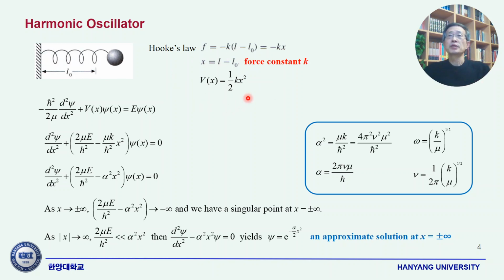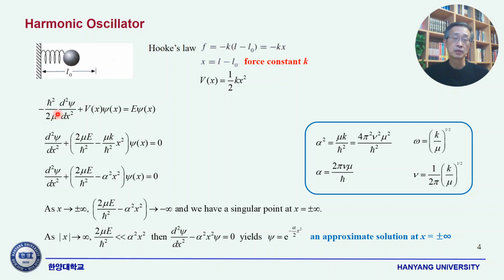Okay, so we derive the Schrödinger equation in a way that there is a kinetic term, a potential energy term, and the total energy is the Hamiltonian. So the Hamiltonian operator has the kinetic energy term, which is the common one, minus h bar squared over 2m.